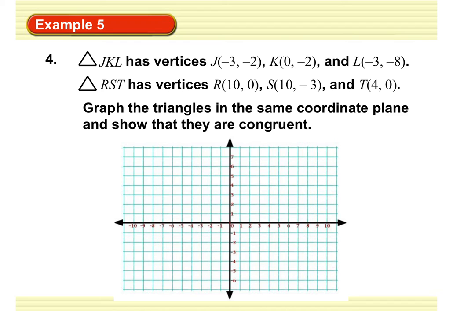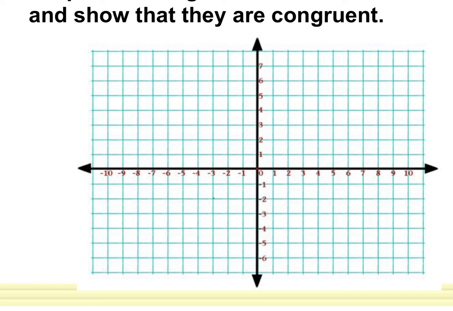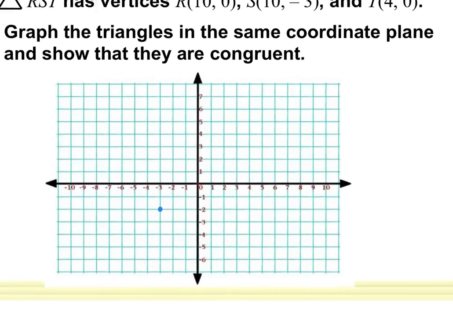It says JKL has vertices J at -3, -2, K at 0, -2, and L at -3, -8. Before we do anything, let's plug in those points into our graph and see where JKL lies. J was at -3, -2. It's right here. K was at 0, -2.